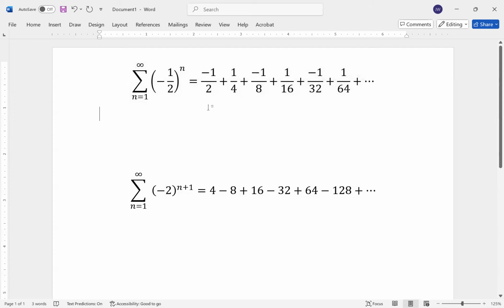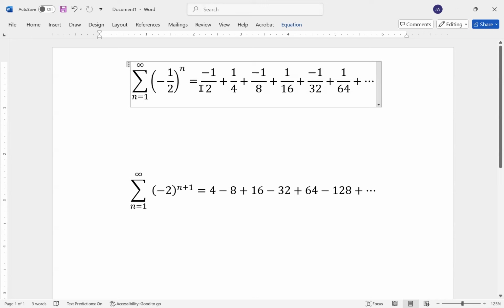Obviously, we would like a more formal definition than flipping back and forth between negatives and positives. So we do have that. We have a more formal definition of an alternating series. So it's not just enough to have a negative on the inside here.